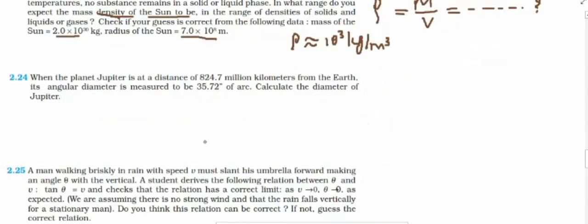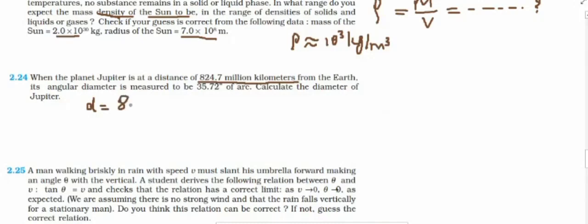Now, next question 24. Planet Jupiter at a distance 824.7 million kilometers. You have to convert into meter.